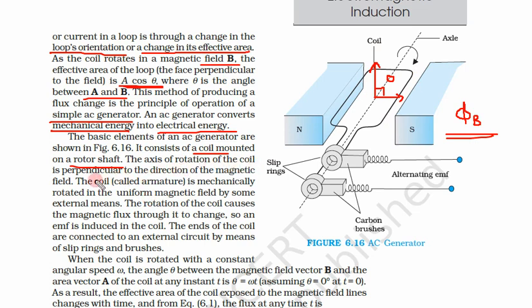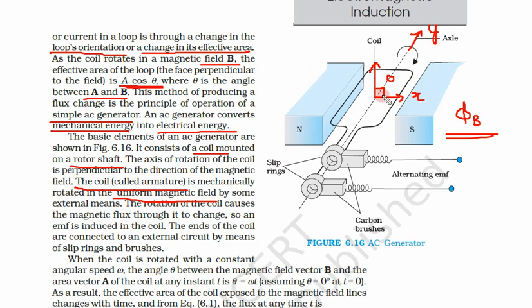The axis of rotation of the coil is perpendicular to the direction of the magnetic field. So here we can see the magnetic field is in the x direction and this axis in the y direction. So these are perpendicular. The coil, which we also call the armature, is mechanically rotated in the uniform magnetic field.